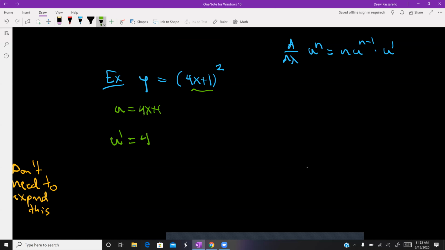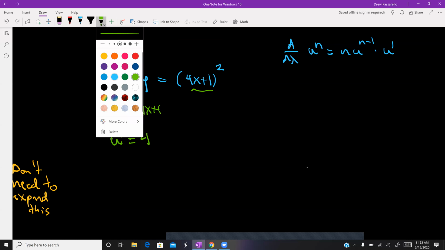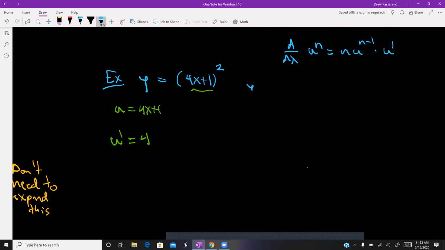So when I find y, I'm just going to substitute, and then it's u squared. So when I find its derivative, y prime, the derivative of the outside function would be this part, 2 times u to the 2 minus 1, and then times u prime.